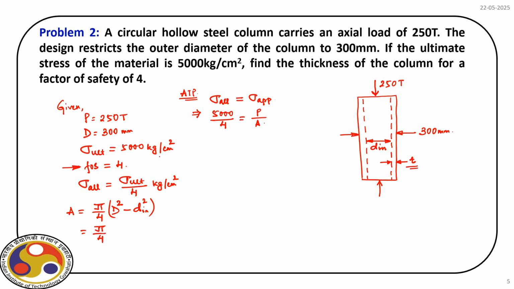Because our stress is expressed in kg per centimeter square, we use the same unit, D is 300 millimeters, so this is 30 square minus d in square. Therefore, what we have is 5000 divided by 4 is equal to P, which is 250 ton.